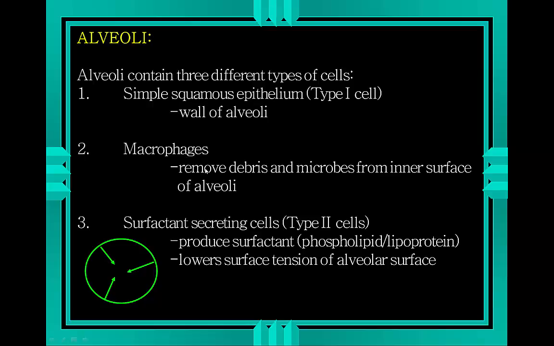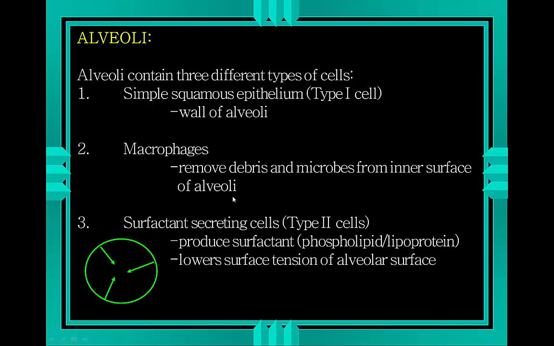So if they get to the alveoli, these macrophages hopefully will do the job and remove this debris and microbes from the inner surface of the alveoli, thus protecting them from infection or inflammation. Obviously, if the alveoli did become infected or inflamed, it would thicken the wall of the alveoli, and that's going to compromise gas exchange. You don't want gas exchange to occur across a thick wall. In fact, it probably won't be able to occur.